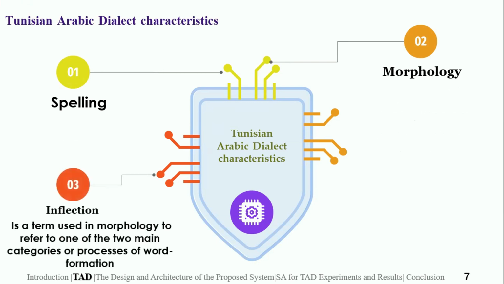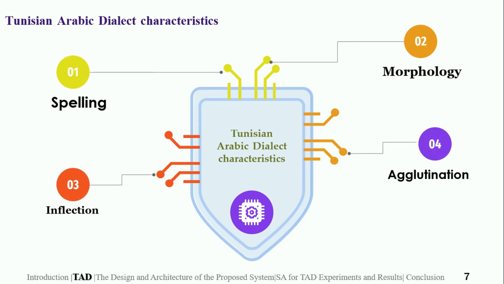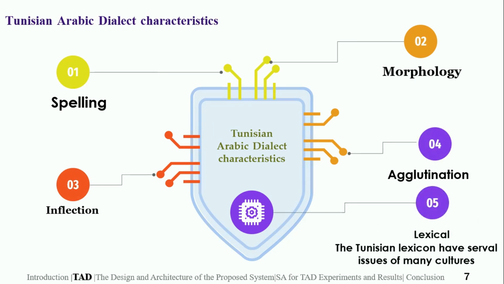Inflection is a term used in morphology to refer to one of the two main categories or processes of word formation. Agglutination: like several Arabic dialects, affixes and clitics in TAD have several differences from MSA. And the last one is the lexicon. The Tunisian lexicon has several issues due to many factors.